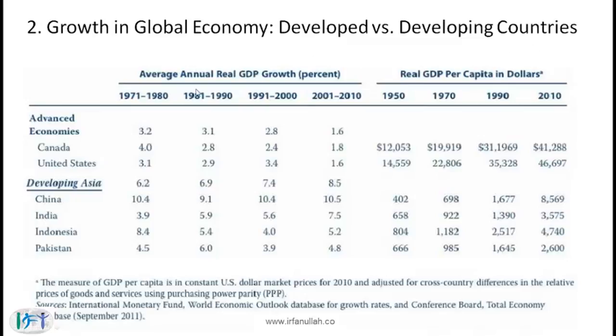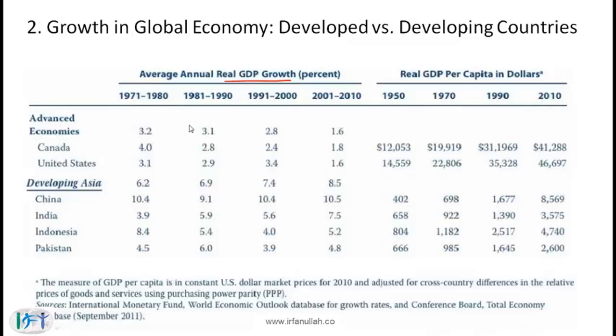To set the context, the curriculum shows us the average annual real GDP growth in some advanced country economies as well as in developing Asia, and then there are a few more segments. I have just taken part of the exhibit and we are going to look at something that is quite interesting.